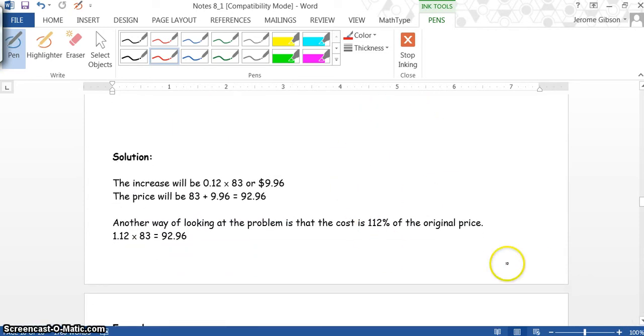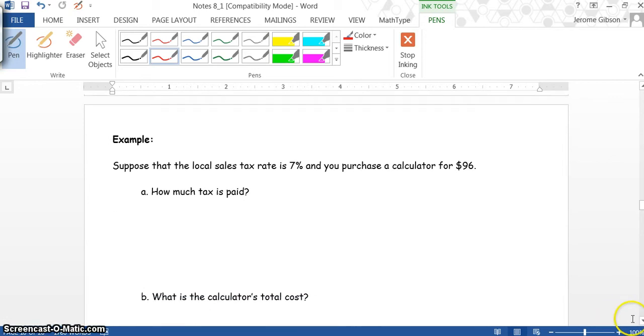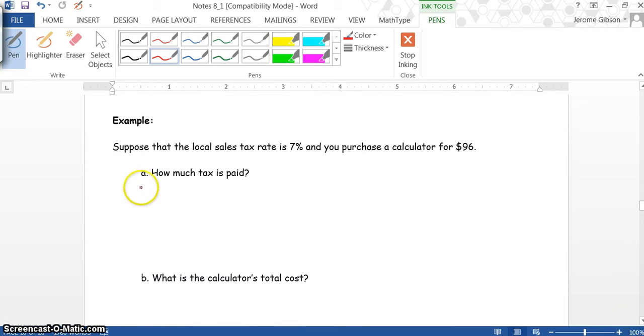Now we have the solution here, which you could look at at your leisure. Now we have this example. Suppose that the local sales tax rate is 7% and you purchase a calculator for $96. How much tax is paid? So we would take our $96. Well, let's write this as a formula.